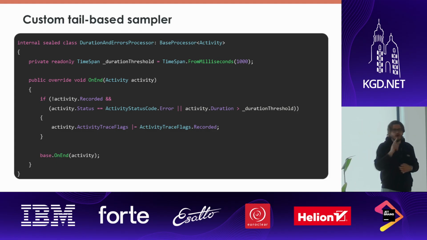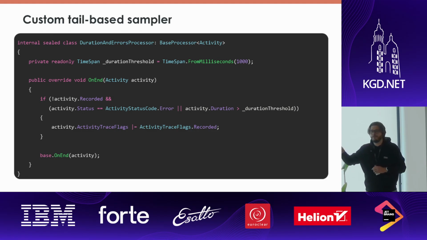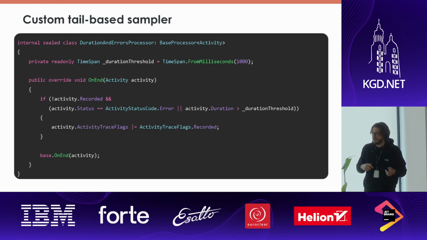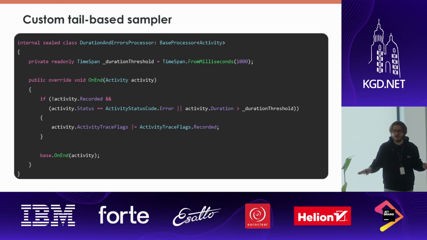But also, do you remember that I mentioned that we don't drop our spans at the start, but mark them as record only? If we drop our spans in head-based sampling, we won't be able to find them here in tail-based sampling. They will be dropped completely.